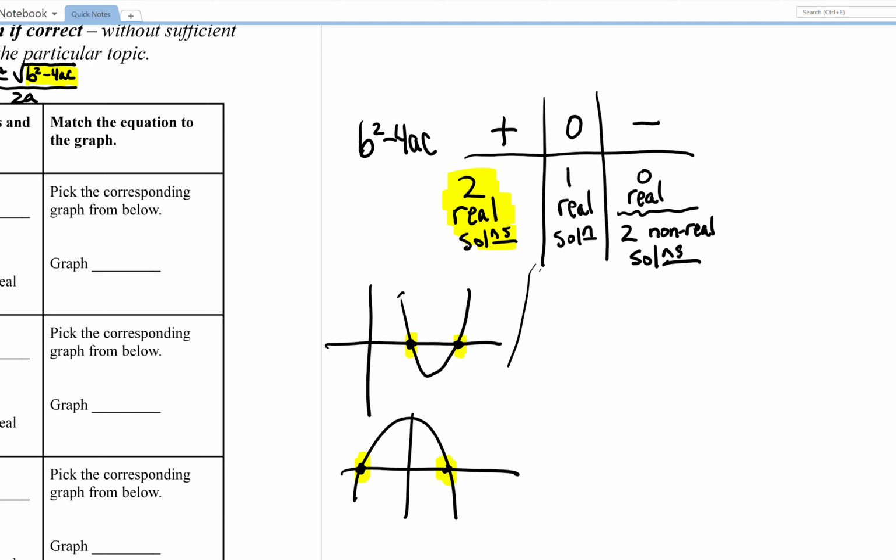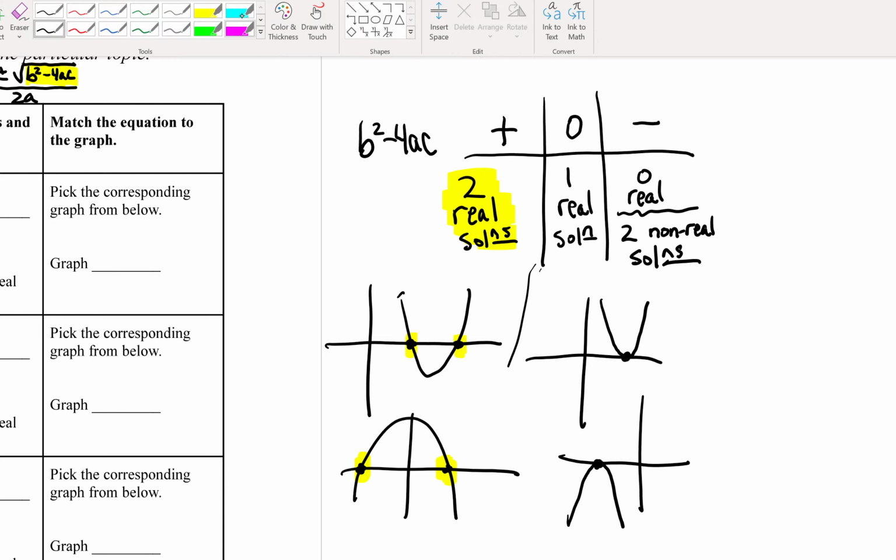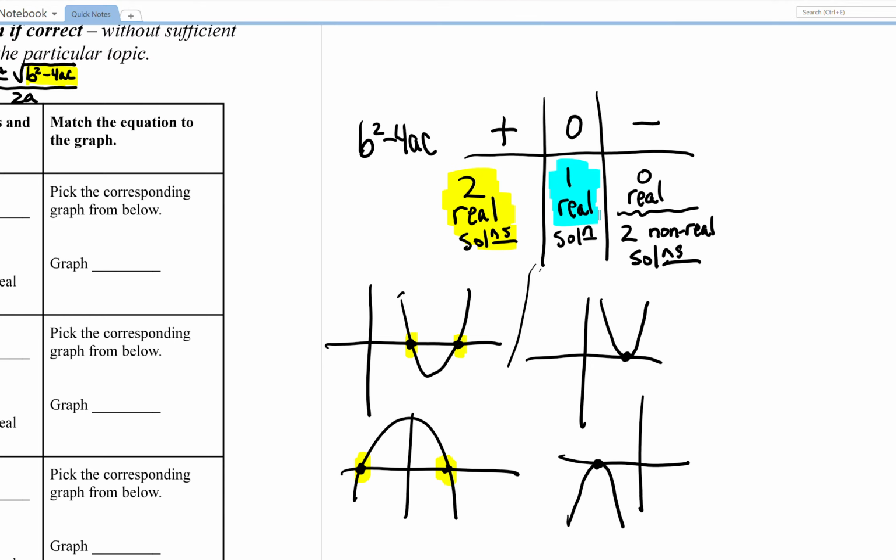If it's equal to 0, then it's going to come down and touch the x-axis just in one spot, or if it's opening down, it could come up and just touch the x-axis in one spot. And so that's what one real solution looks like.